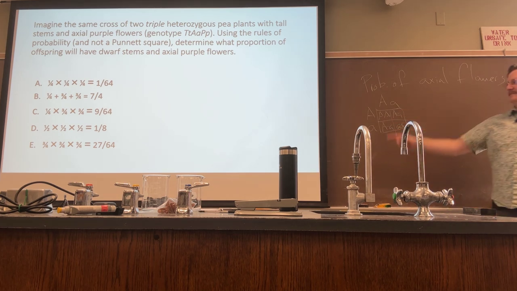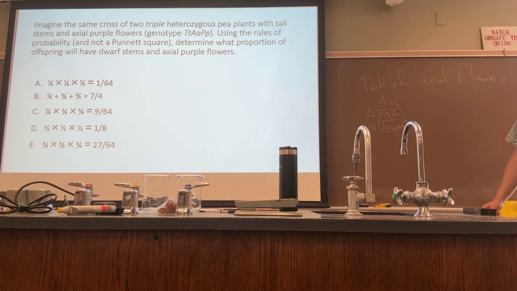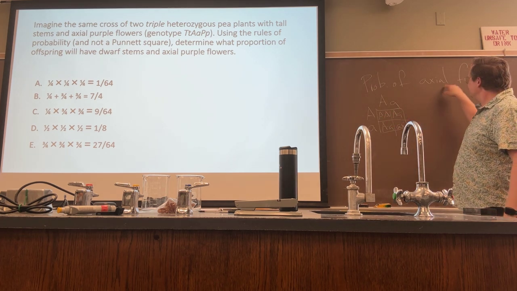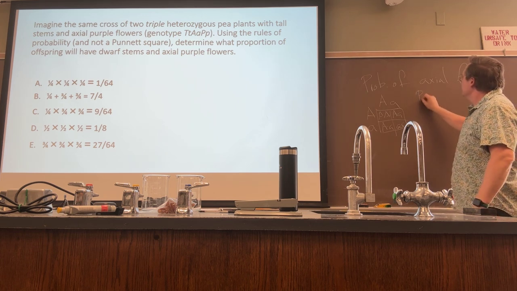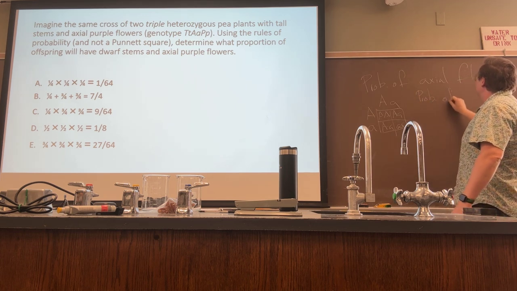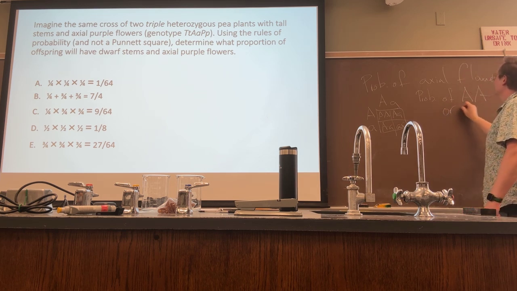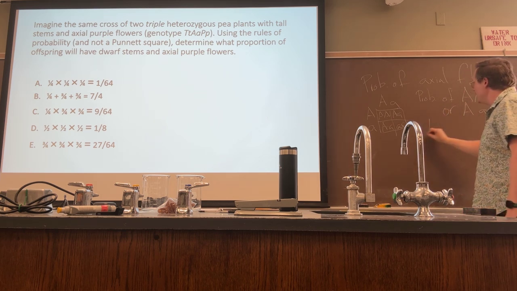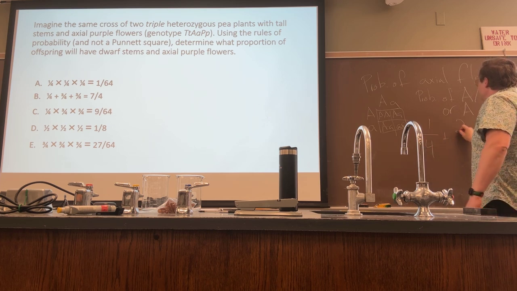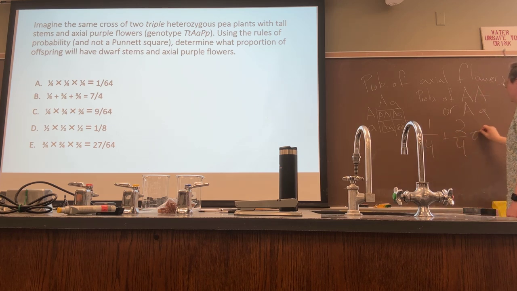3/4 of them will have the dominant phenotype. Or you could say this, right? This question here is actually the probability of homozygous dominant or heterozygous. So in this case, that's 1/4 plus 2/4 equals 3/4, because it's asking for phenotype.